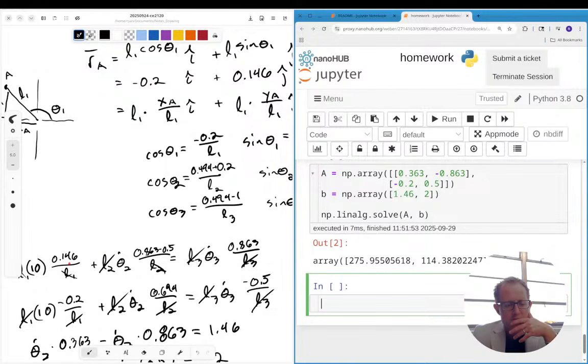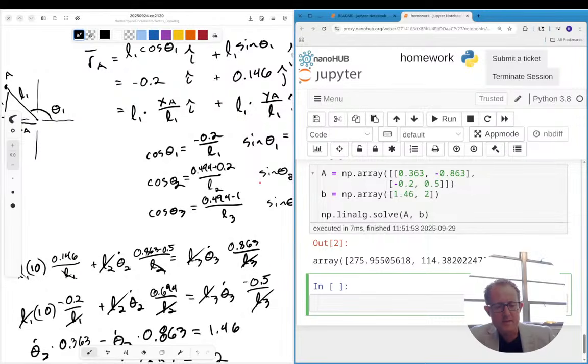Is that one? Oh yeah, negative 0.2. So there's my cosine. Cosine theta 1, cosine theta 2, 0.694, cosine theta 3, we just called it like a negative 0.5, just rounded, and that should be fine.